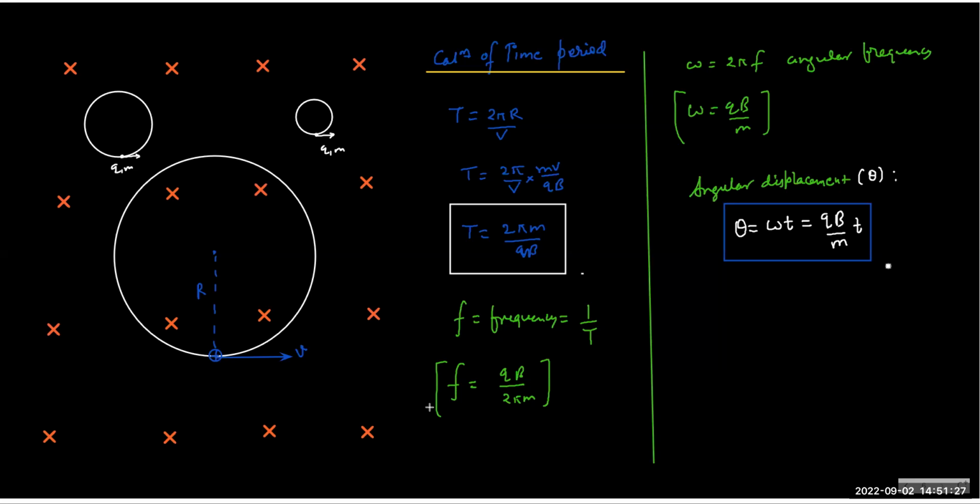So if you are only interested in knowing how much time it will take to go from here to here, if this is t equals 0 and this is t, then this is theta.